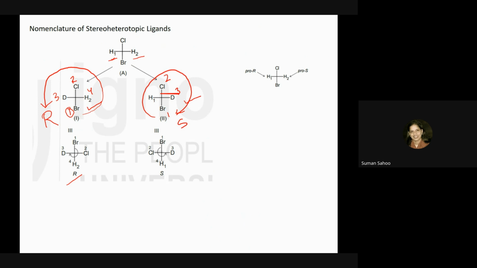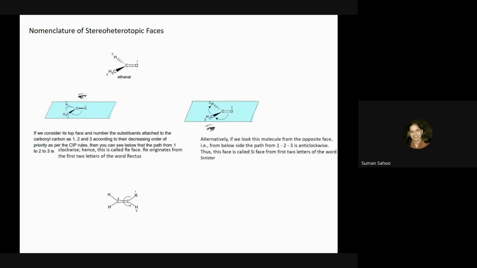Or you just do that easy method. Now by the replacement of this hydrogen 1, we are getting R configuration. So that's why we say this hydrogen 1 is pro-R, because that is going to give us the R enantiomer, and this hydrogen 2 is going to give us the S enantiomer, so that is known as pro-S.